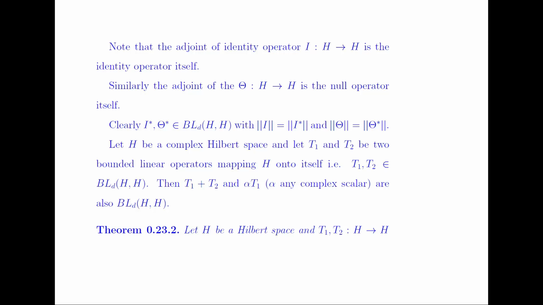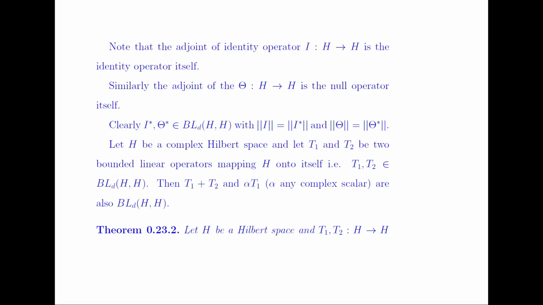Let H be a complex Hilbert space and T1 and T2 be two bounded linear operators mapping H onto itself. That is, T1 and T2 belong to the bounded linear operators. Then T1 plus T2 and alpha times T1 also belong to the collection of bounded linear operators.